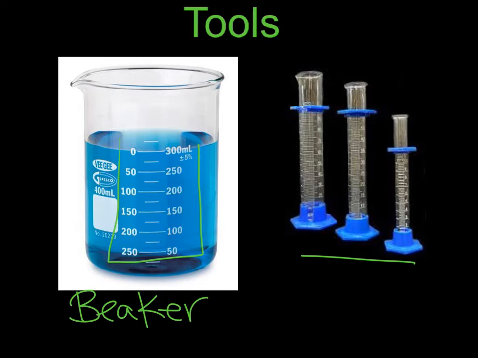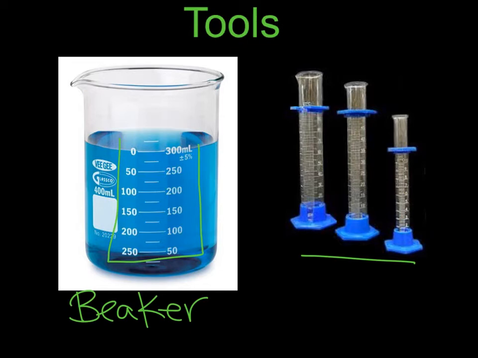You'll notice that it also has these handy dandy slider gadgets, for lack of a better term, that you could slide down to assist you in measuring the liquid that's inside. So I bet you're wondering, what's the name of this tool, Mrs. Young? Well, let me tell you, it is called a graduated cylinder.